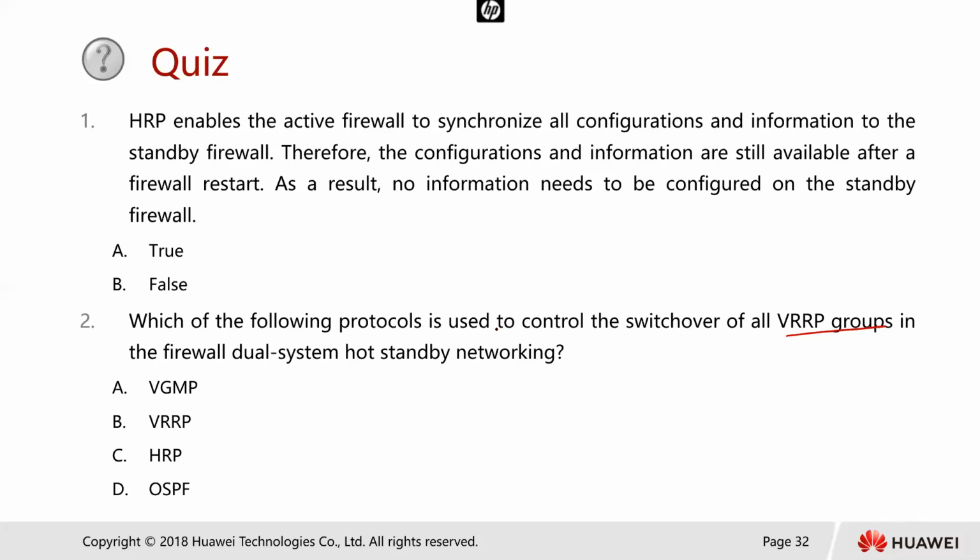A. IGMP. Yes, the answer is A. I was hearing someone say B. This is the management protocol that controls the switchovers within the VRRP group. It controls and manages all the switchovers.